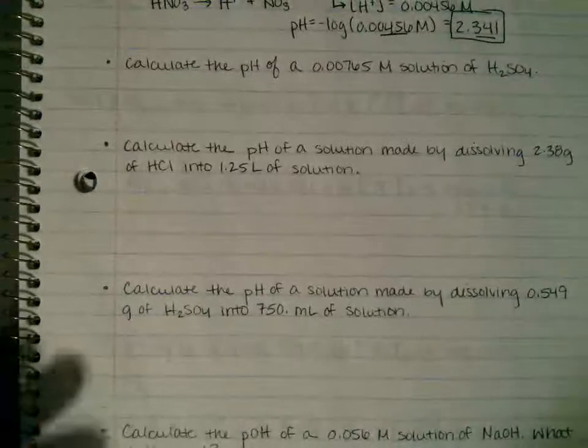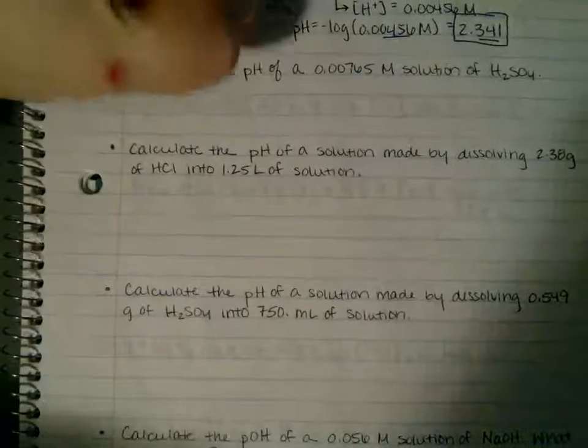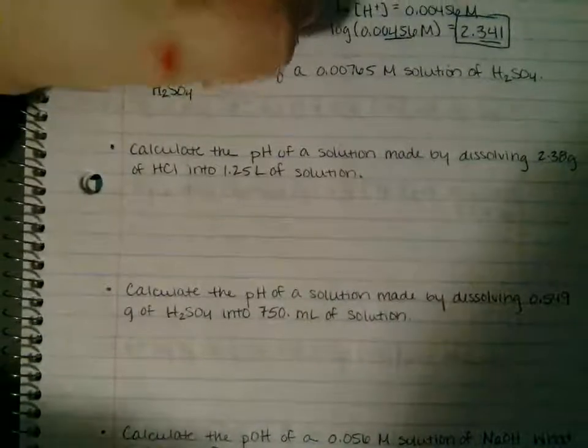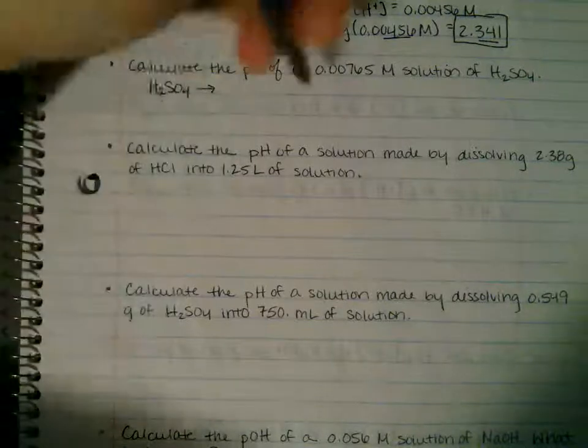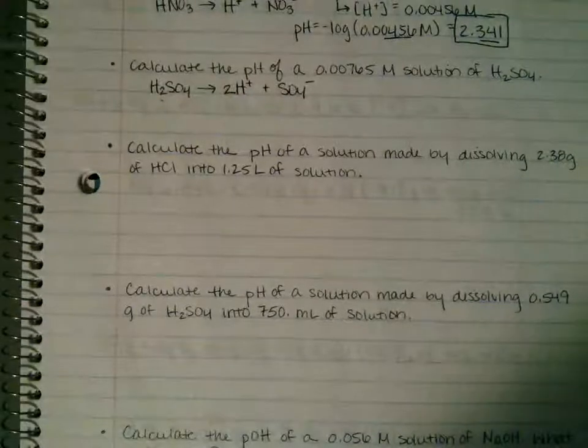The next problem, we're dealing with sulfuric acid now. This one, think about how it dissociates. How many hydrogen ions is it going to give off? H2SO4 is going to give off 2 hydrogen ions and 1 sulfate ion.